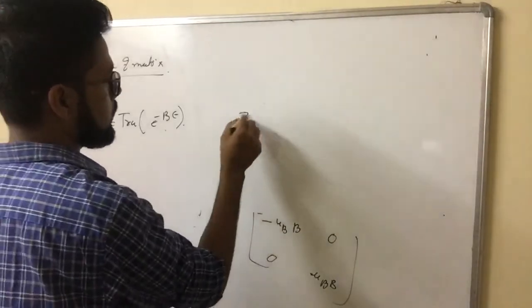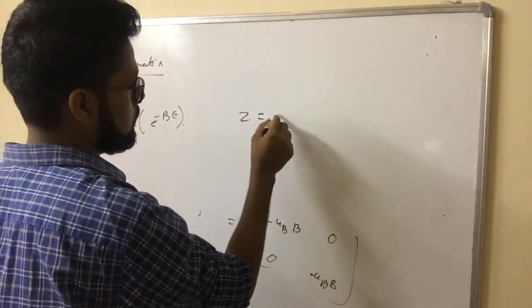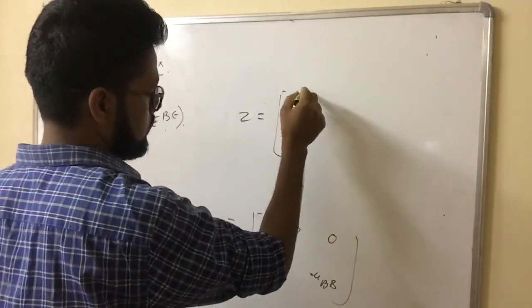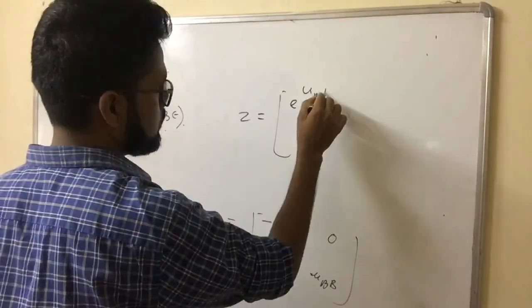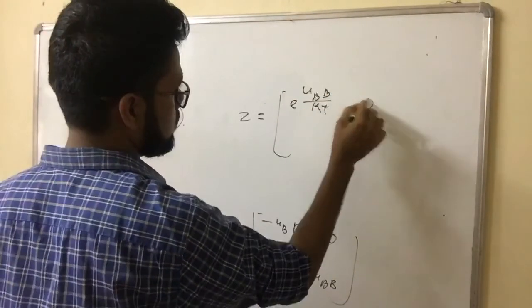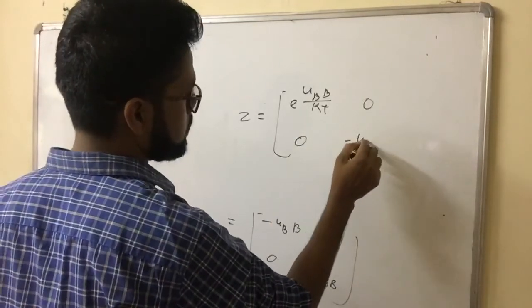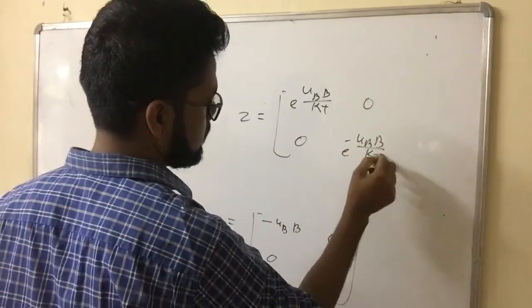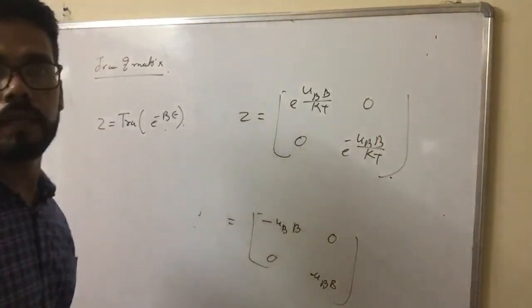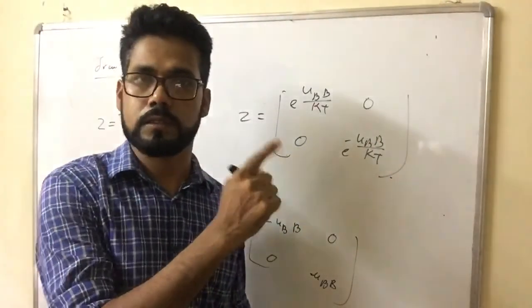So the partition function in matrix form will be e to the power plus mu B by kT, 0, 0, e to the power minus mu B by kT. This is the matrix form of the partition function. Always remember.